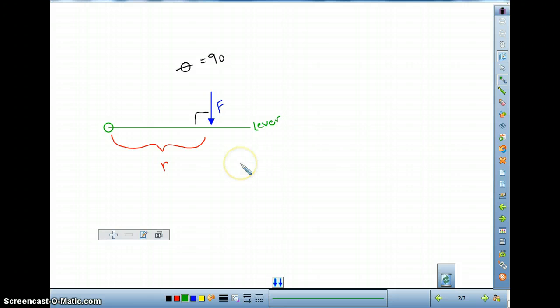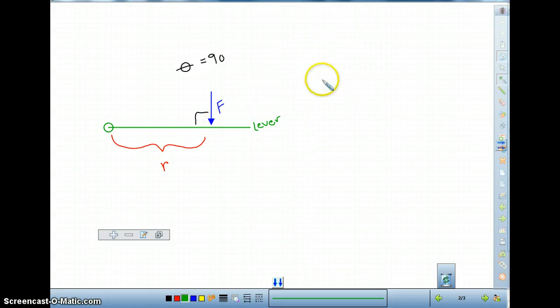And first we're going to take, pretend this is a top view of maybe a hinge and the lever is a door somebody's walking over to push on. Now, unless you're impeded by something, it's most natural to push a swinging door perpendicular.